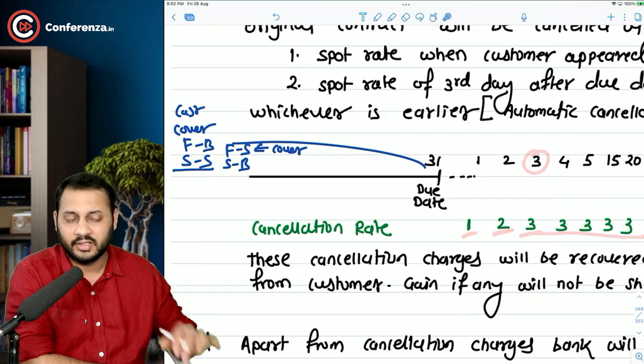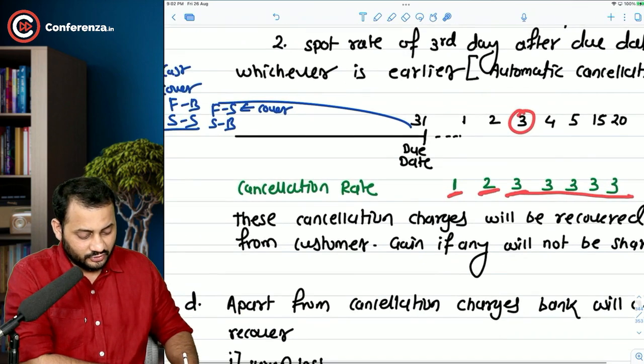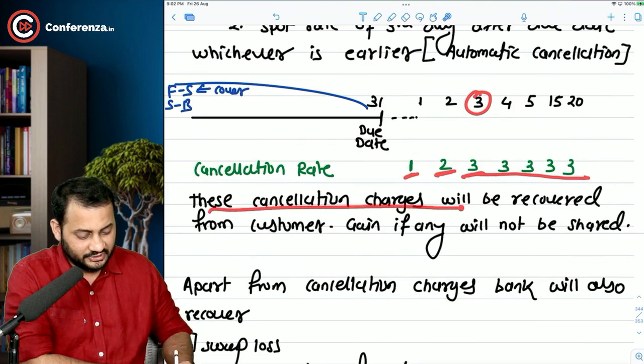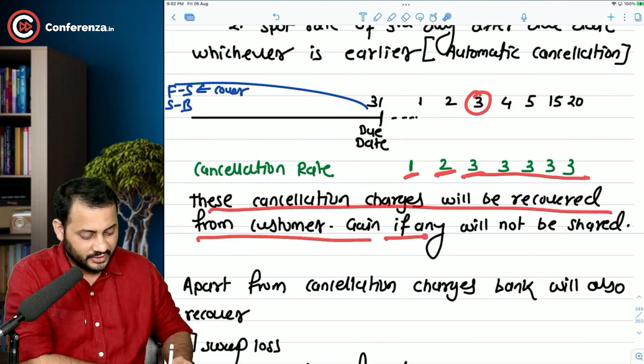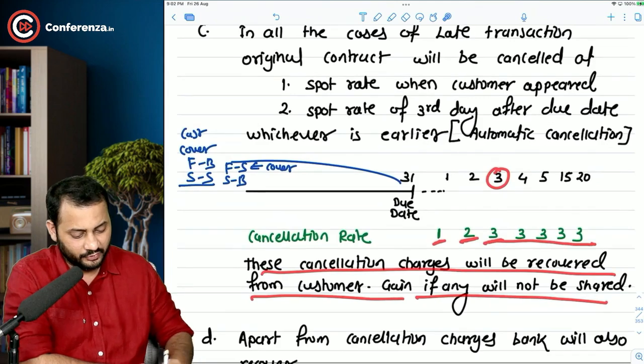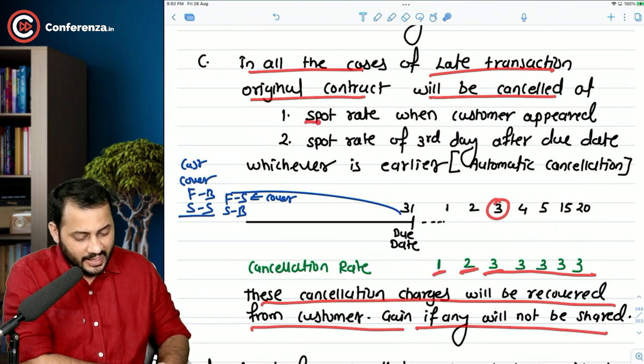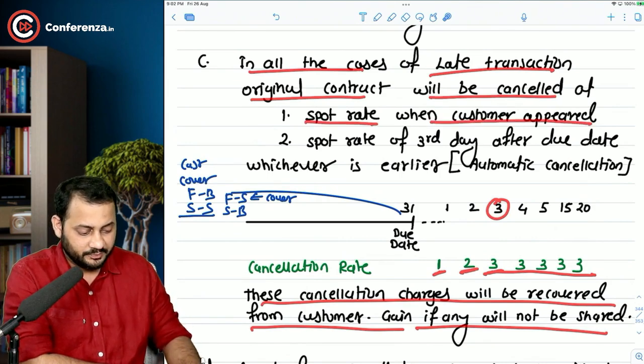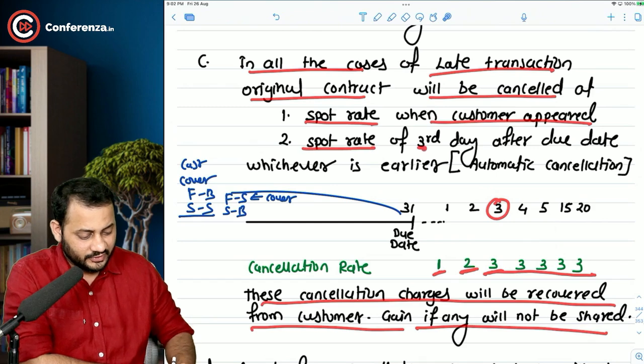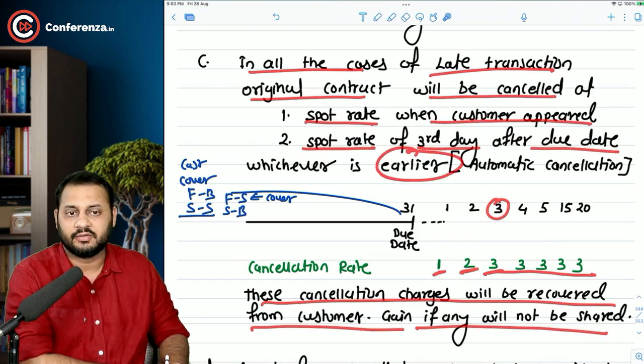You can come at any time. This is called automatic cancellation. These cancellation charges will be recovered from the customer; gain, if any, will not be shared. Have a look. In all the cases of late transaction, the original contract will get cancelled at the spot rate when the customer appeared, or at the spot rate of the third day after the due date, whichever is earlier.